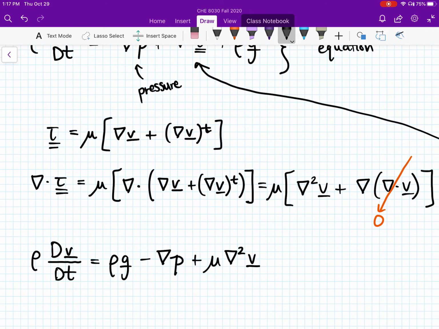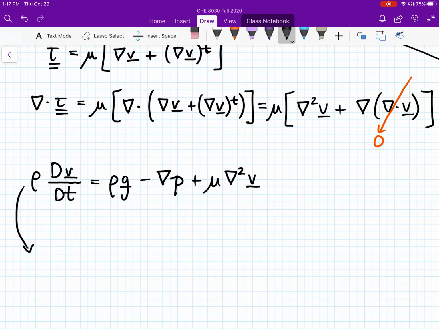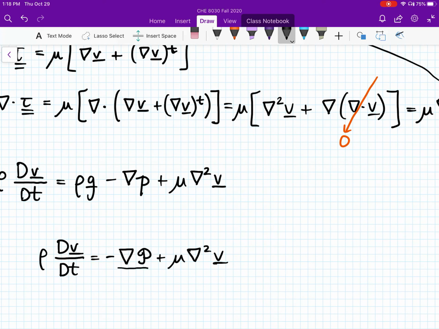Okay, so I end up with the following equation. This equation right here is my Navier-Stokes equation. You will oftentimes find this written in a slightly different form. Okay, and here, my fancy P, right, the gradient of my fancy P, I don't know exactly what that P is called.